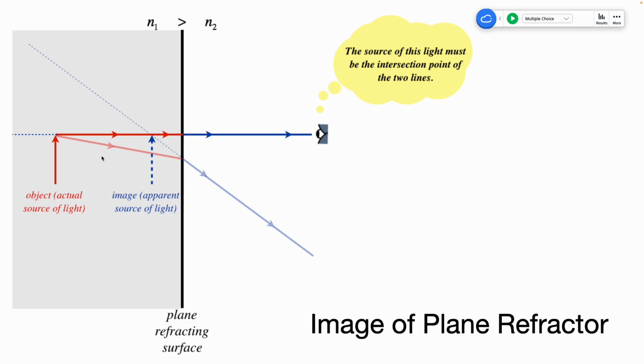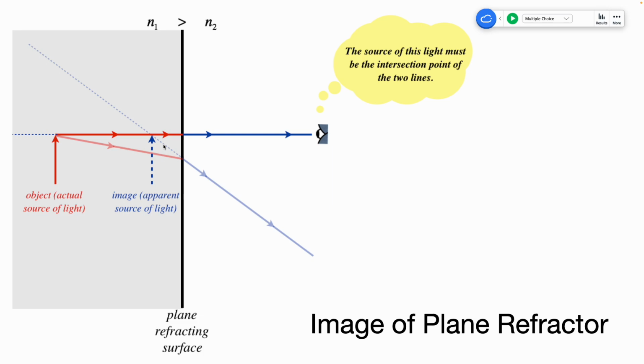When you look at the light from another angle, you think the light comes from somewhere along this other dotted blue line. Combining the information, you will think that the light coming from this point actually comes from this point, which is closer to you. So this is why, when you have a plane refractor, it will appear to have the image closer than where the object is physically located.